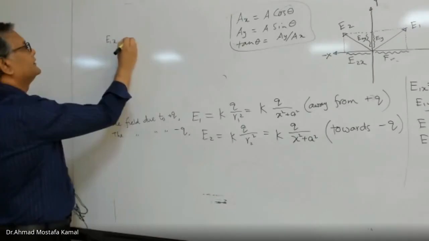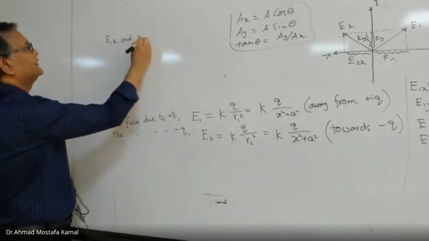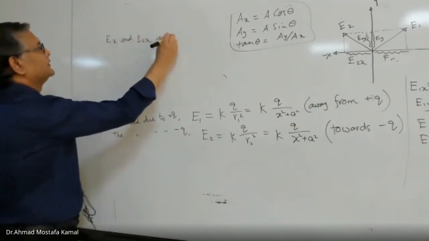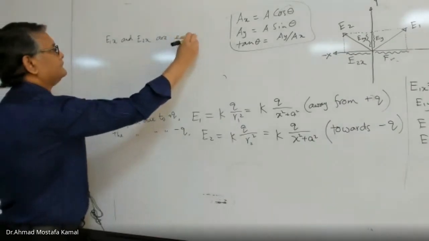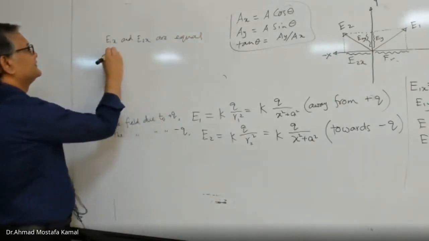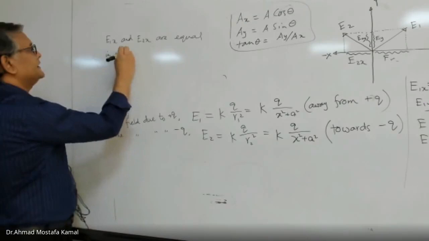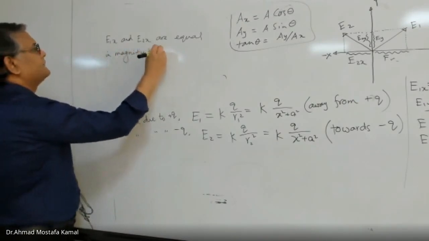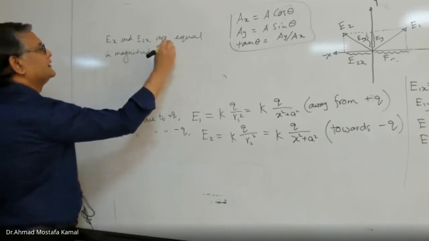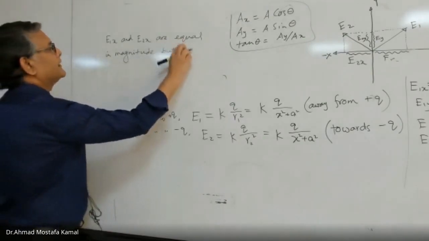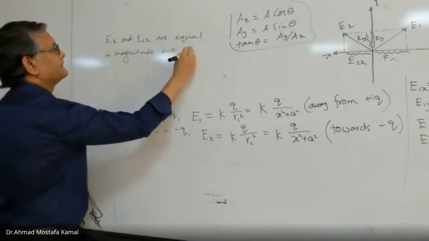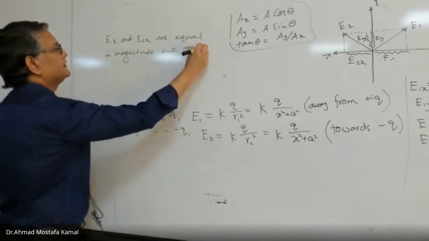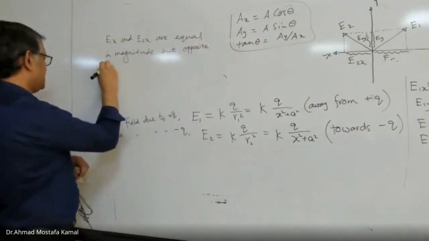Okay. e1x and e2x are equal in magnitude, but opposite in direction.